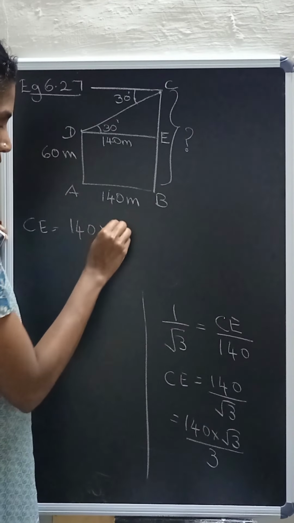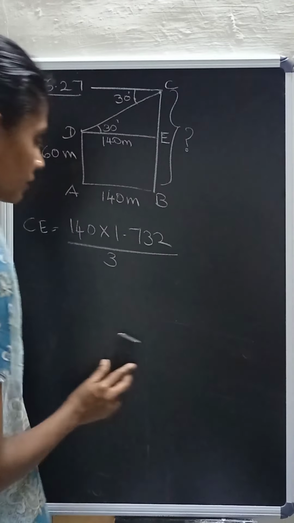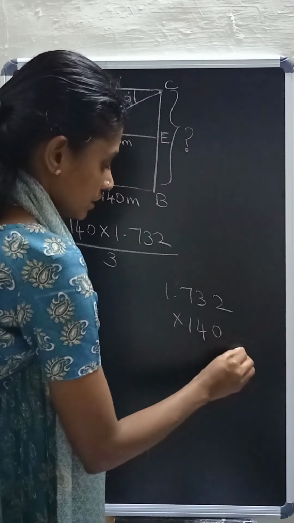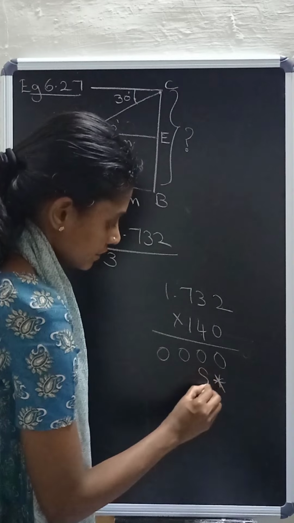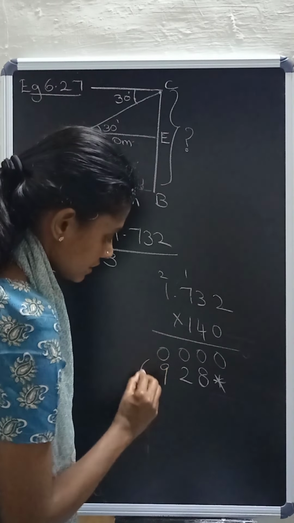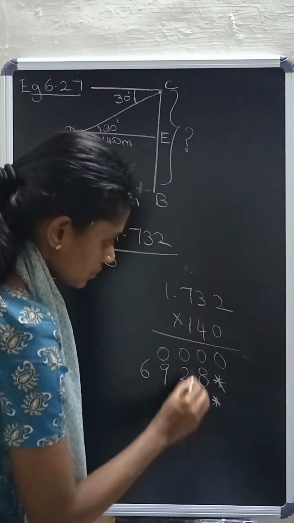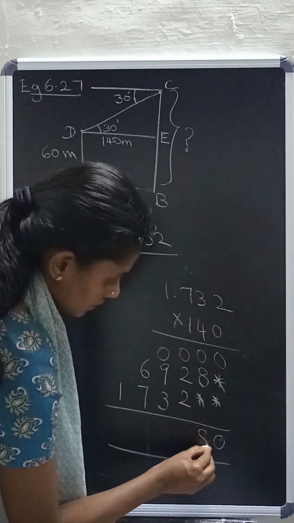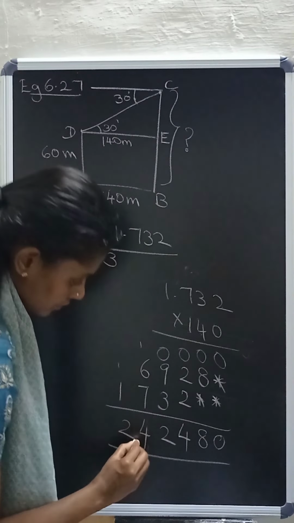So CE is equal to 140 into 1.732 divided by 3. Multiplying 1.732 into 140 gives 242.48 after keeping the point after 3 digits.